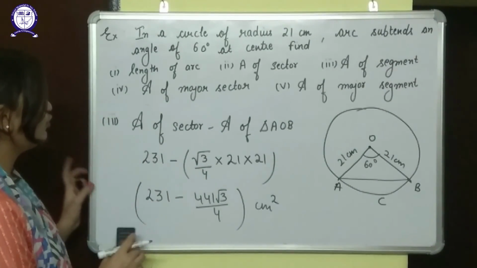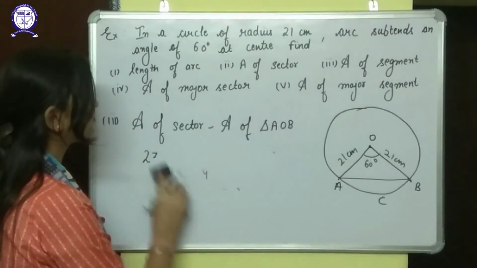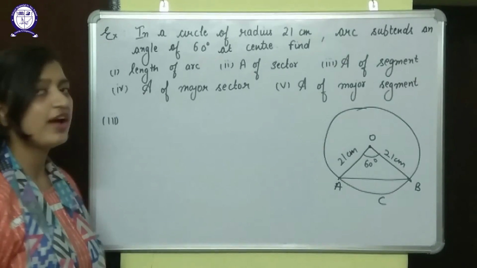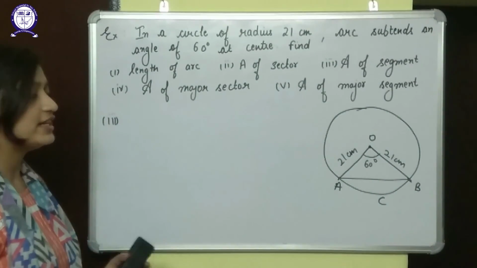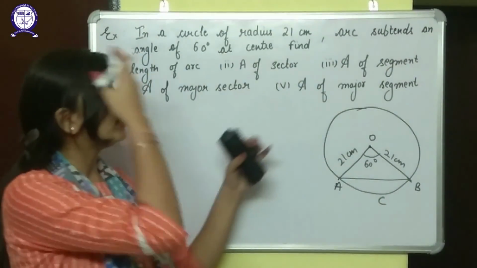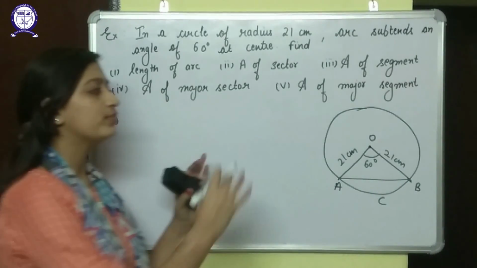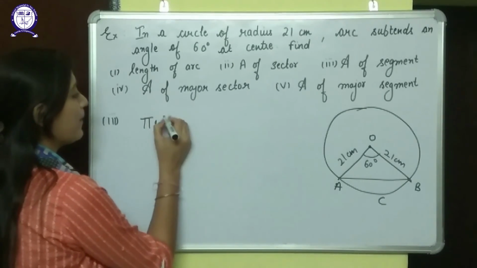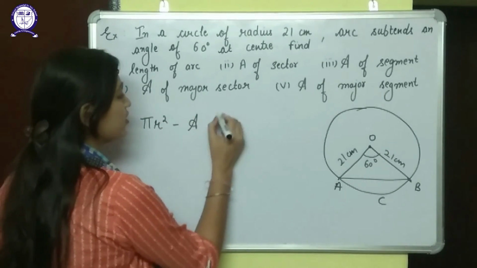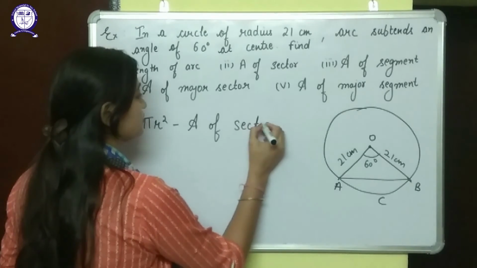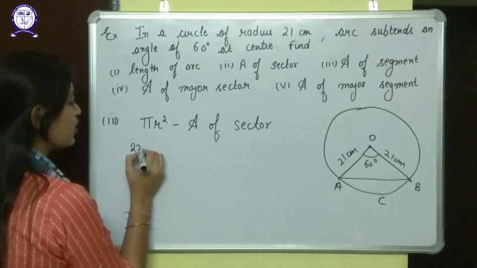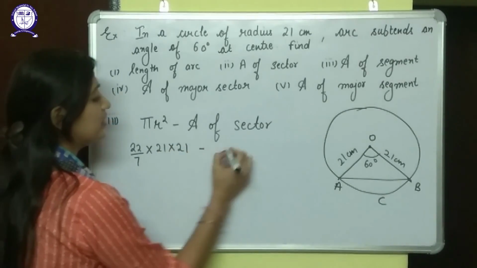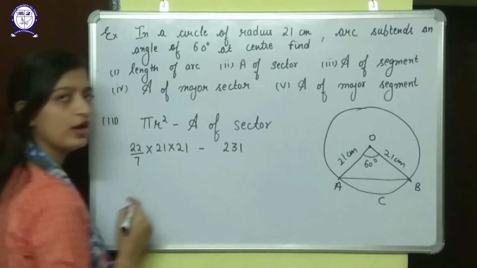Okay, now coming to the fourth part, it says find the area of the major sector. And how do we find the area of major sector? Very simple, subtract the area of minor sector from the complete circle. That is pi r square minus area of sector. So this is my 22 upon 7 into 21 into 21 minus 231.